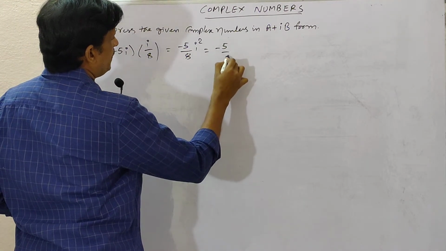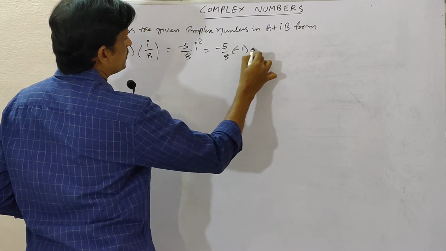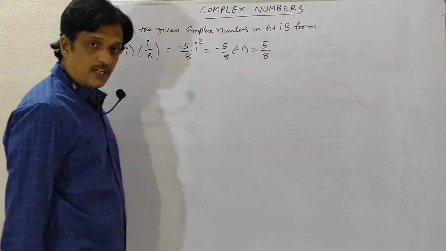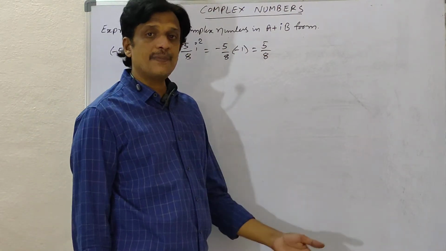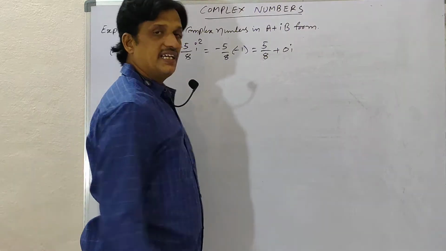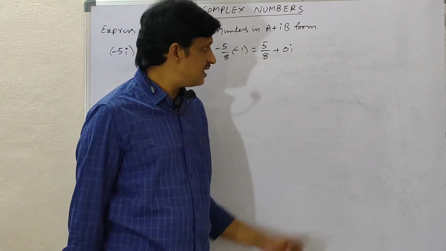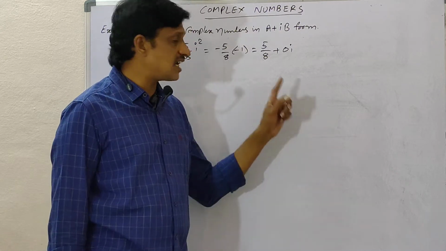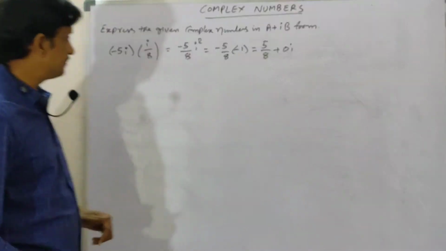That is minus 5 by 8 into i square is minus 1, so you are getting plus 5 by 8. Means you are getting only the real part, means imaginary part is 0. So you can write plus 0i. A plus ib form, where a is the real part, that is 5 by 8, and b imaginary part is 0. So this is called a purely real number.